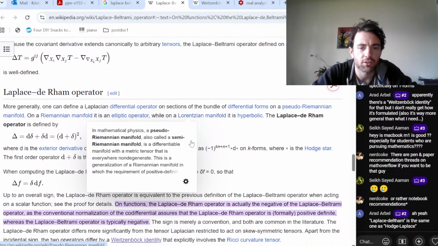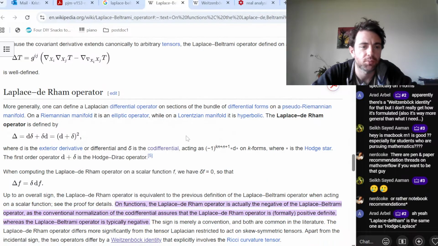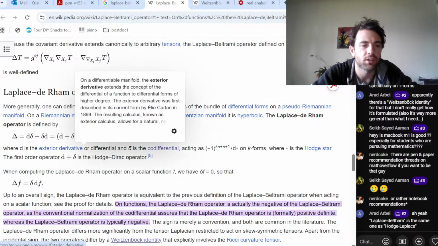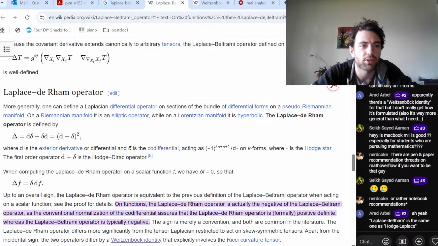So fun fact, especially for Rod, because you seemed interested in graph theory before. You can actually realize the Laplacian matrix of a graph.